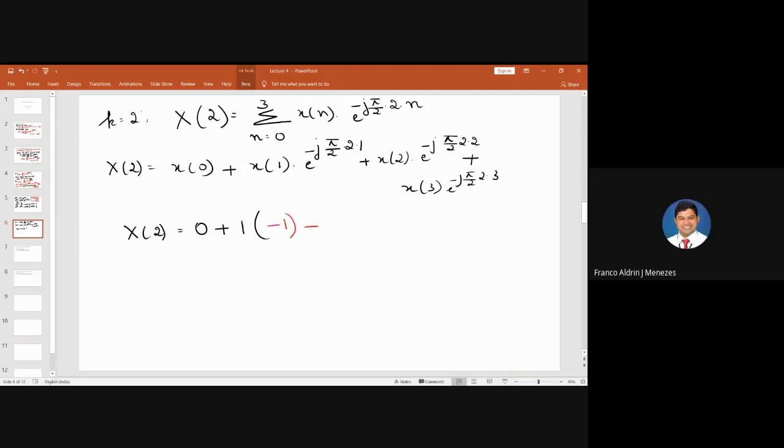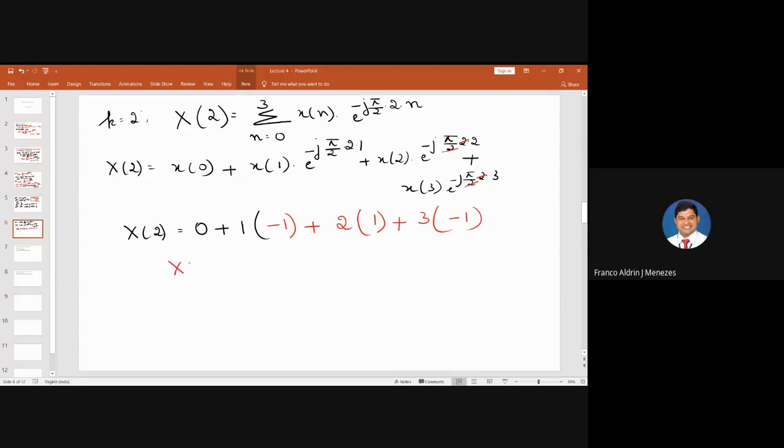Minus 1 plus x of 2 is 2 times e to the power of 2 and 2 we can cancel. So it will be e to the power of minus j 2 pi. 1, sir. 1 plus x of 3 is nothing but it is 3 times. So 2 and 2 can be cancelled. E to the power of minus j 3 pi. Minus 1, sir. Minus 1.